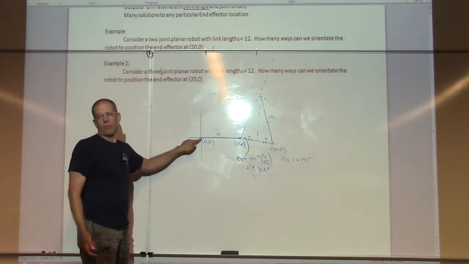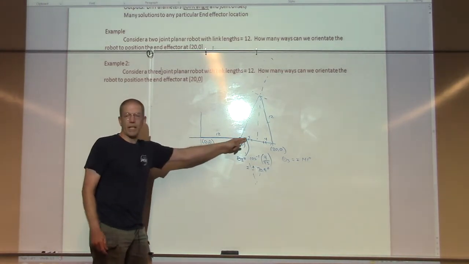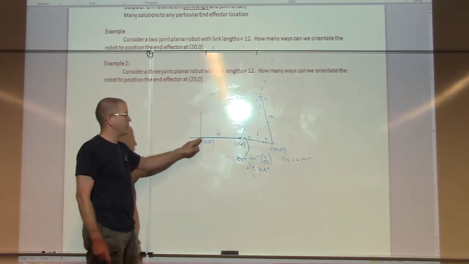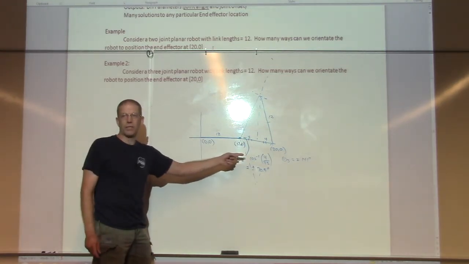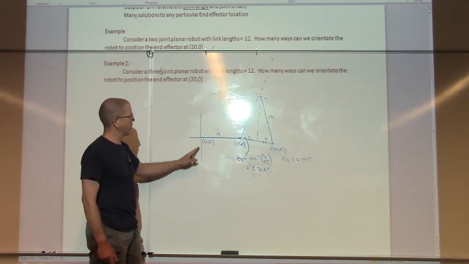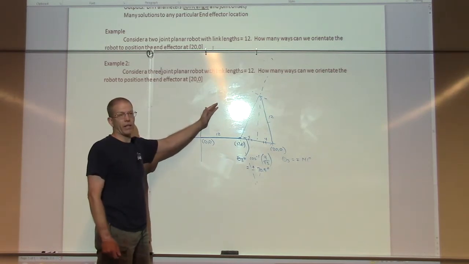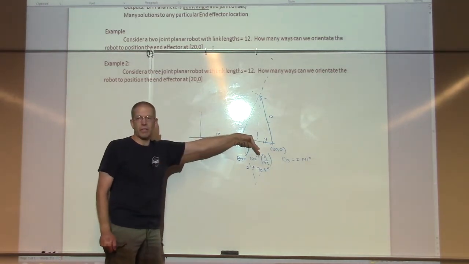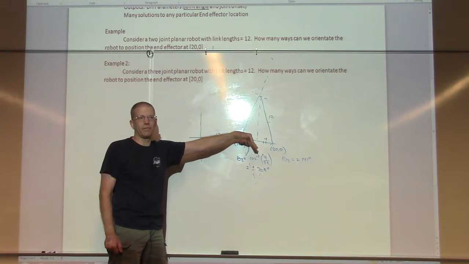If we pick 1 degree, then we have 2 possible solutions. If we put 2 degrees, then we have 2 possible solutions. There's only one instance in which we'll have a unique solution. And again, that's when we shoot up here and have those 2 subsequent lengths aligned. Okay?